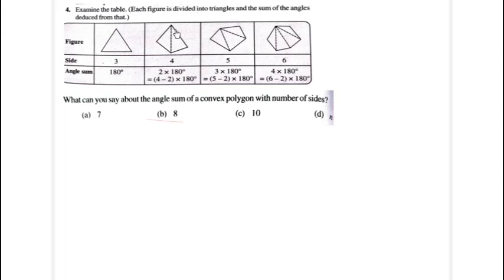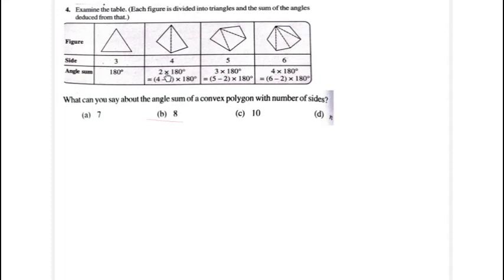Now here it's 4 vertices, meaning a quadrilateral. 4 vertices and 4 sides are there in a quadrilateral. Now by drawing a diagonal, it is divided into 2 triangles.